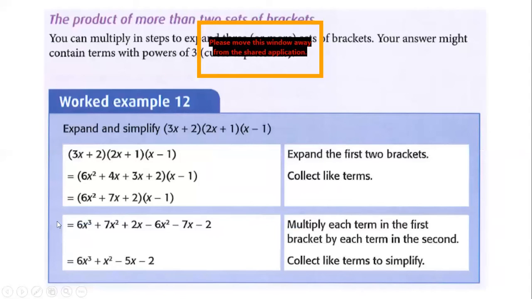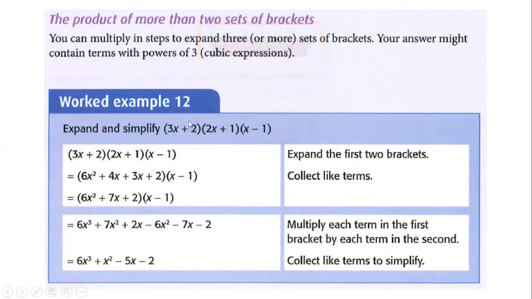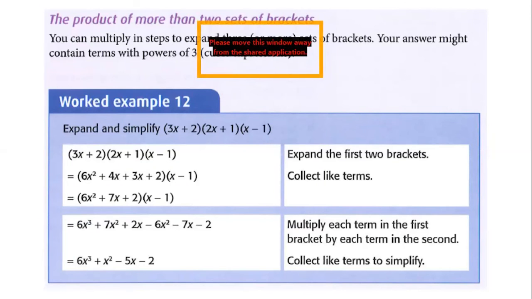What about when you find the product of more than two sets of brackets? Like in this example, you have a first bracket times a second bracket times a third bracket. So you don't have a product of two brackets only. As you might think, you will have x times x times x. So in the end, you won't get a quadratic expression. You will get a cubic expression, isn't it?